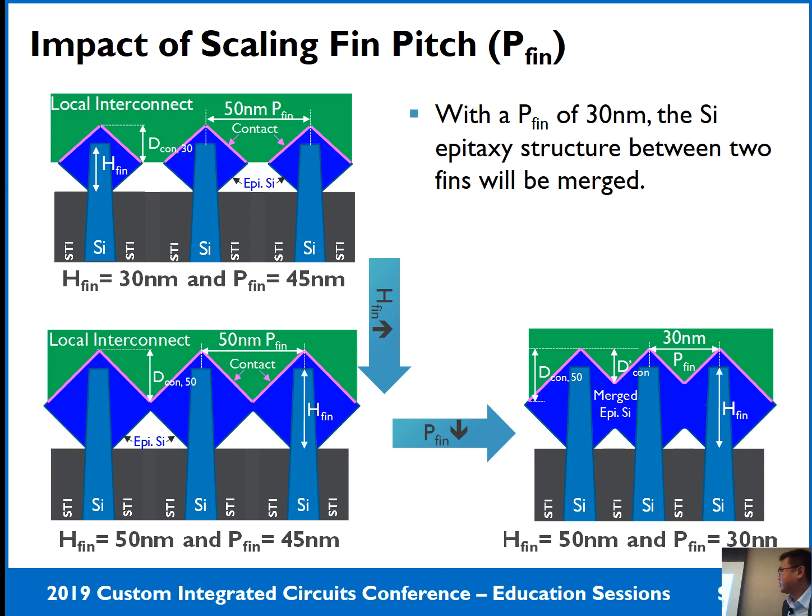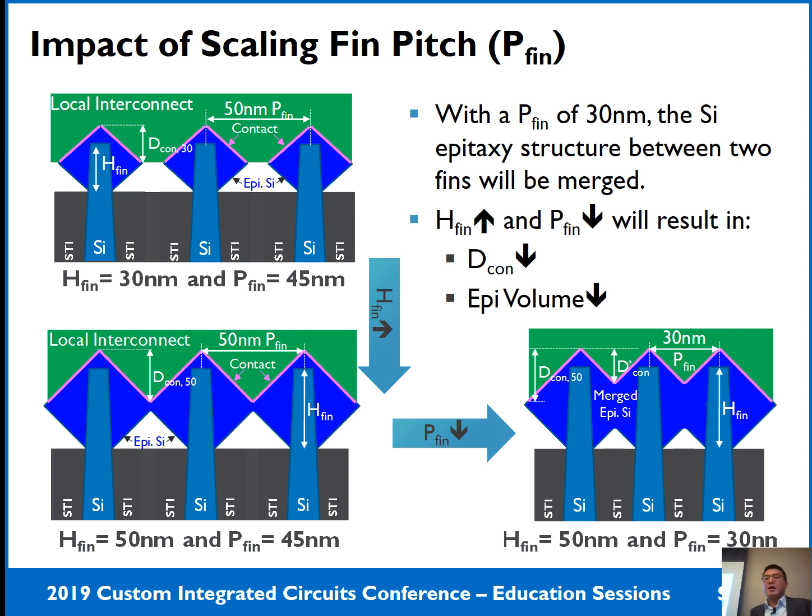This will reduce your contact area or contact depth between the two fins. So a taller fin and a smaller fin pitch will result in your contact depth reduced, and the one-fin epitaxy structure will also reduce because the epitaxy structure will merge.